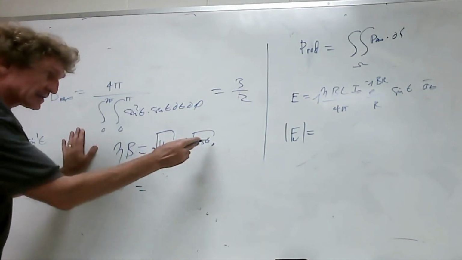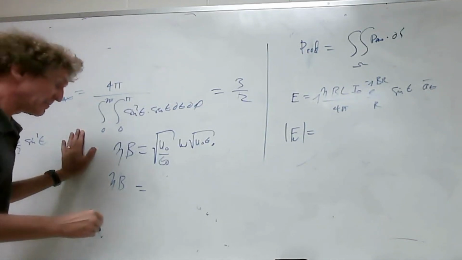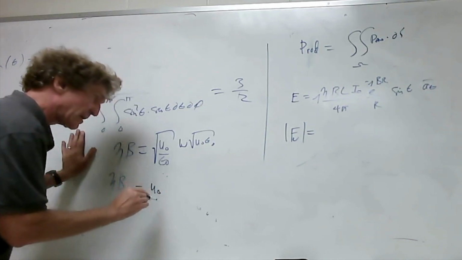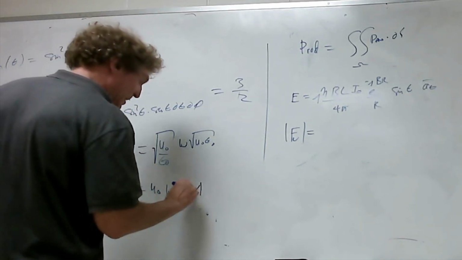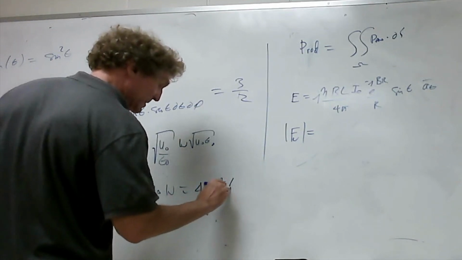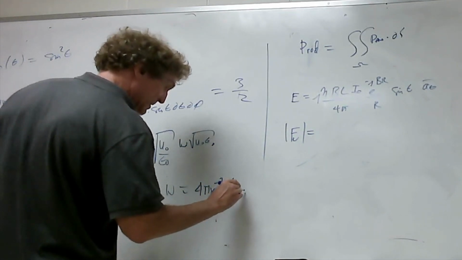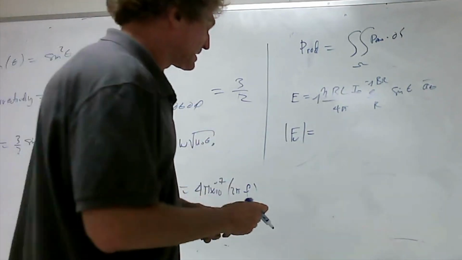You see how the square roots of epsilon naught cancel? But I get mu naught, and I get omega. Mu naught is 4 pi times 10 to the minus 7, and omega is 2 pi times f, correct?